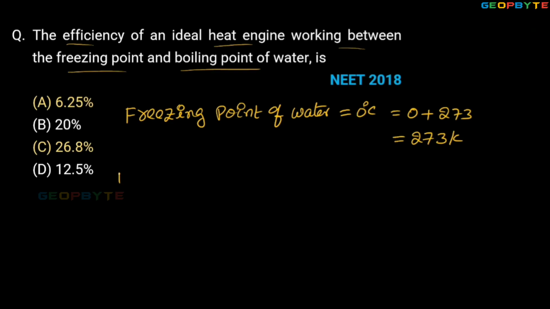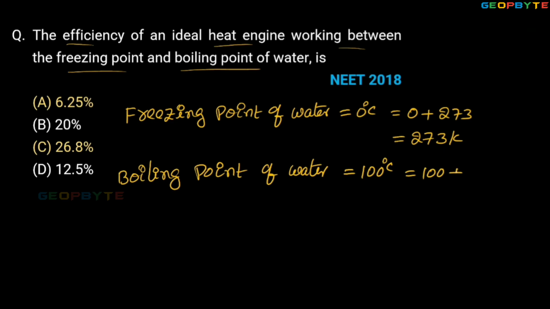Similarly, the boiling point of water at atmospheric pressure equals 100 degree centigrade, which is 100 plus 273, equal to 373 Kelvin.